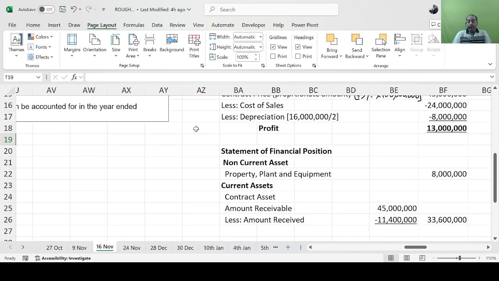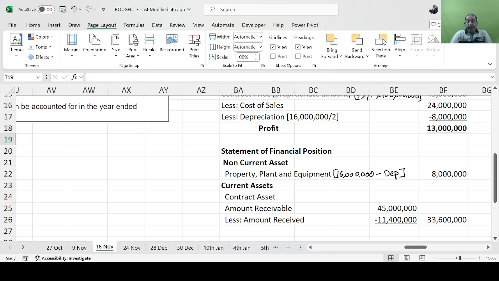Now here there is one additional thing that you have to write. What is that? In non-current assets there is property, plant and equipment, where the initial amount of this is $16 million. Minus from that depreciation of $8 million. So you get $8 million as the net balance. Okay.